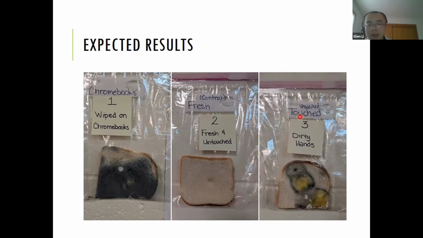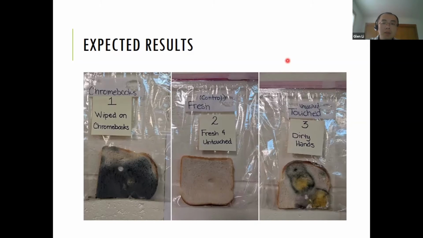And then there can be a discussion about what the experiment results say about what kind of environment favors mold growth, and what does that tell us about maintaining a longer shelf life for foods, right?